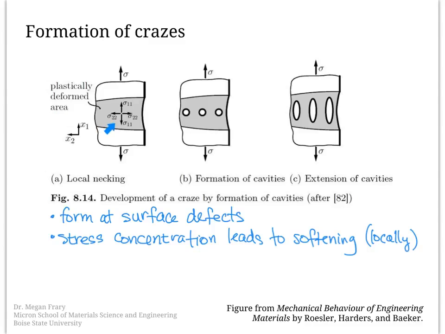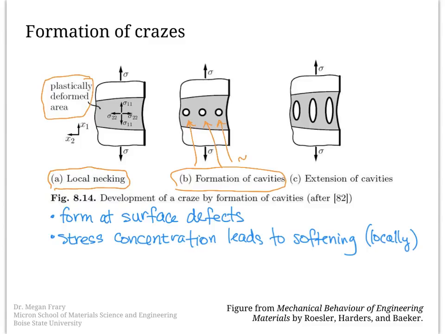Then there's a slight local necking at the point where the plastic deformation is being concentrated. The stress state goes up there and generates, as a result, the formation of cavities. So we have all of these individual cavities that are forming locally in the material. These might be on the order of maybe a few nanometers.